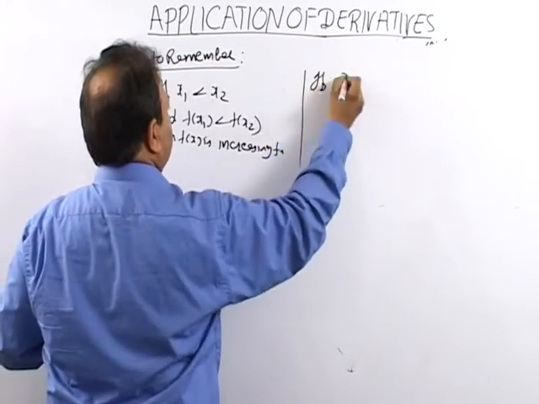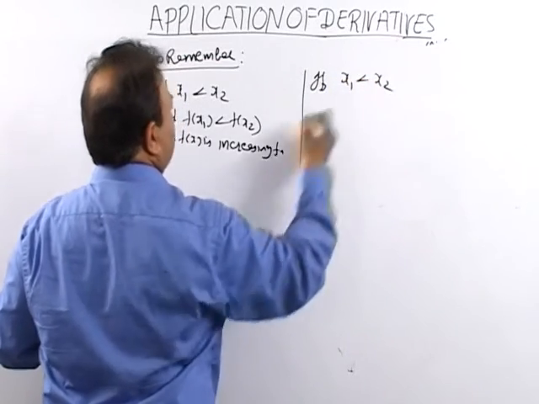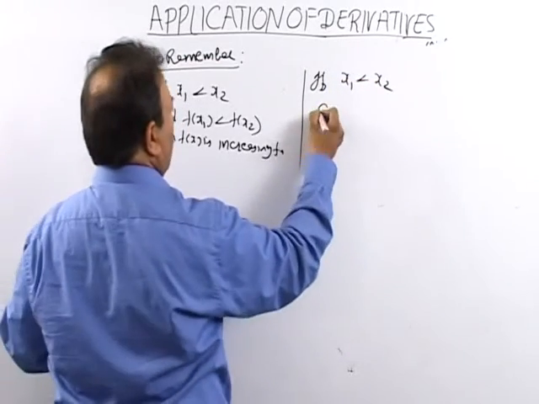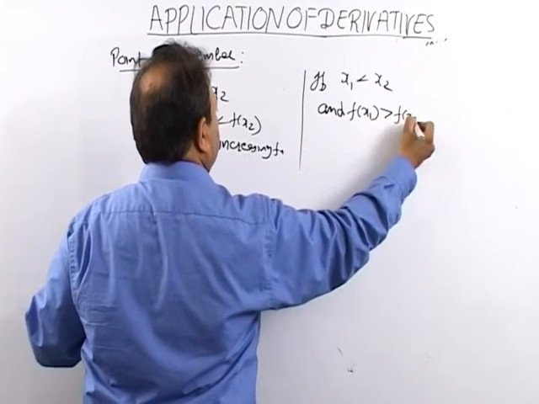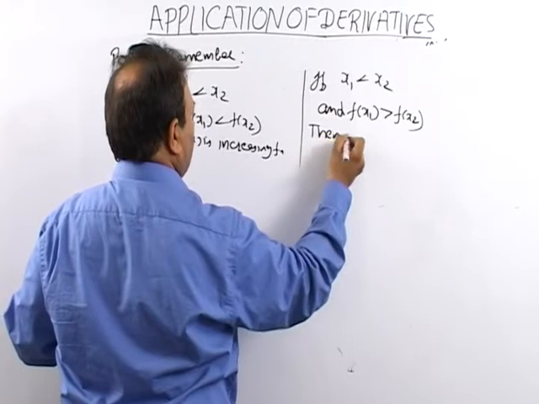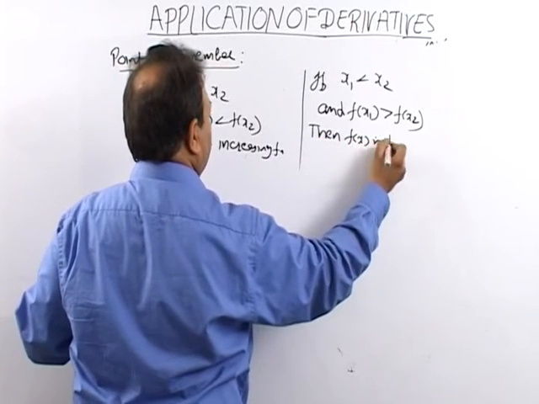If x1 less than x2 and f of x1 is greater than f of x2, then fx is decreasing function.